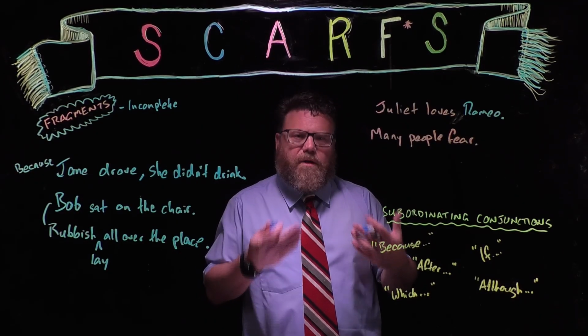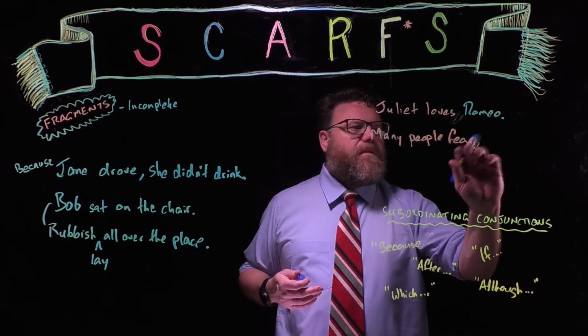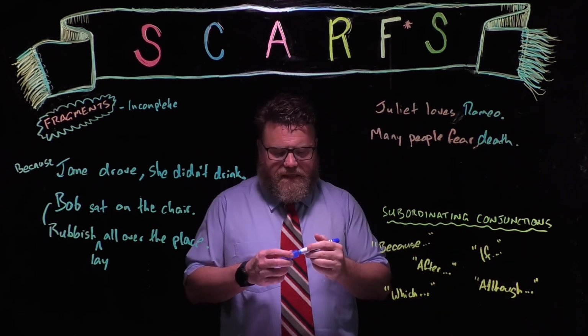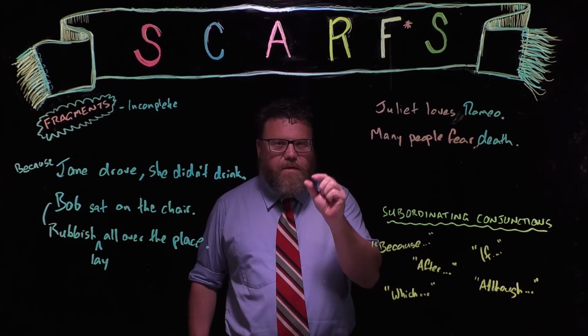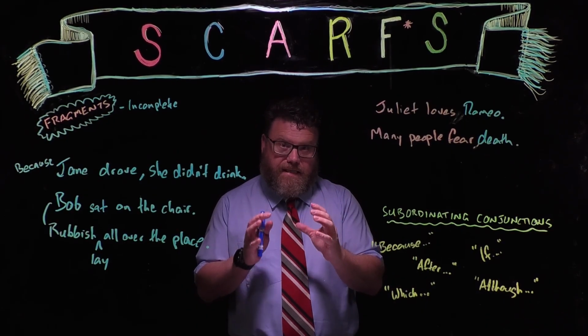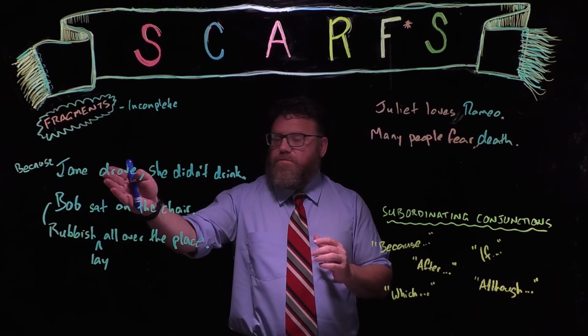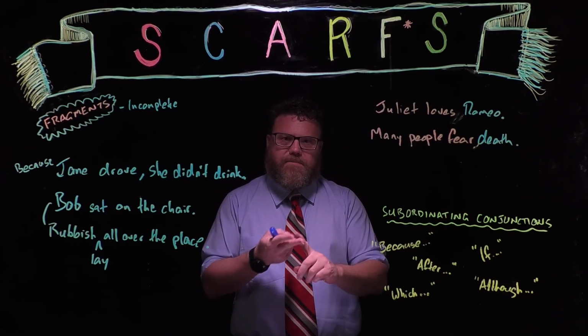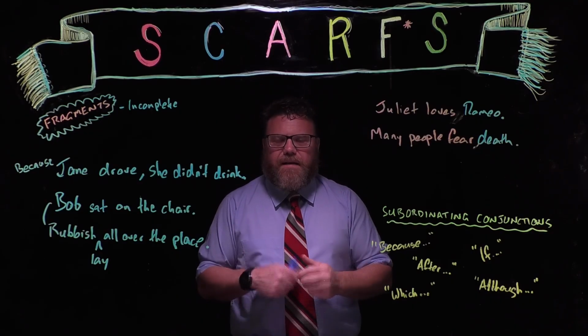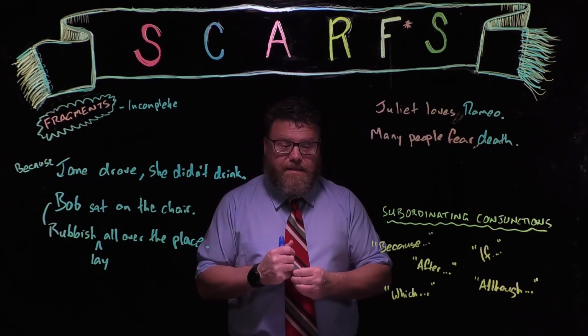We want to know what they fear. So it might be many people fear death, for example. So that's just a little add-on where sometimes an object is needed to make a sentence complete and make sense. But you can, for example, Jane drove, have just a verb and a subject making sense. It all depends on the context and what you're trying to say in your sentence.